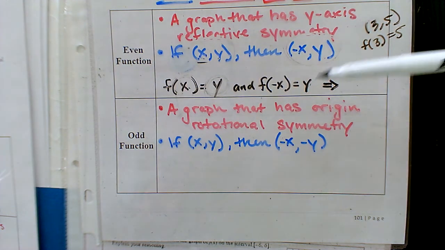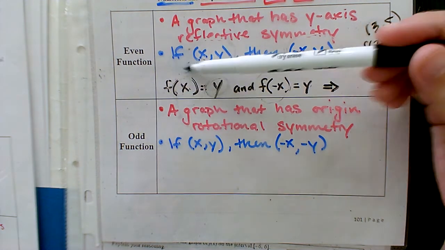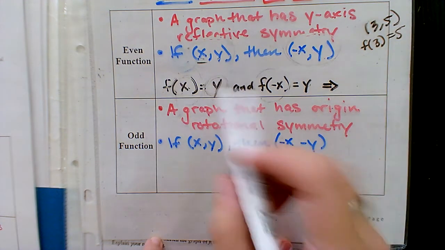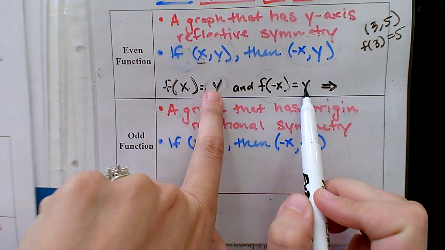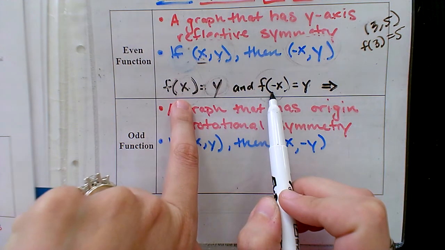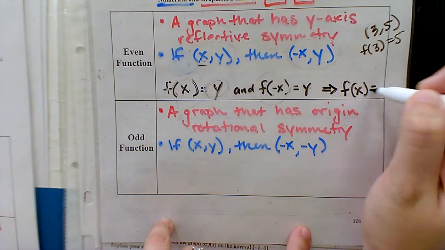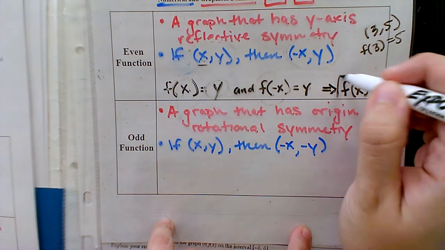So does it make sense to you that if they both equal y, then they must equal each other? Instead of saying two separate equations, we can combine them together. If both of them equal y, then both function values equal each other. We could say f of x equals f of negative x.